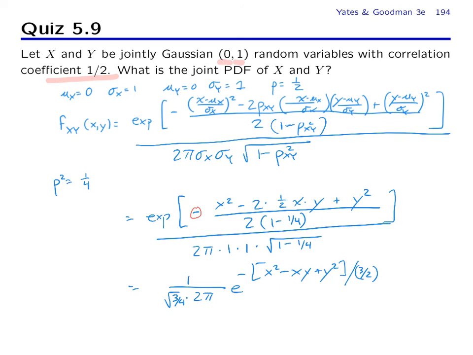And now we're just about done. Maybe I'll rewrite this one more time. So this is 1 over the square root of 3 pi squared e to the minus 2 times x squared minus xy plus y squared over 3. And that's our bivariate Gaussian PDF of x and y with correlation coefficient 1/2.